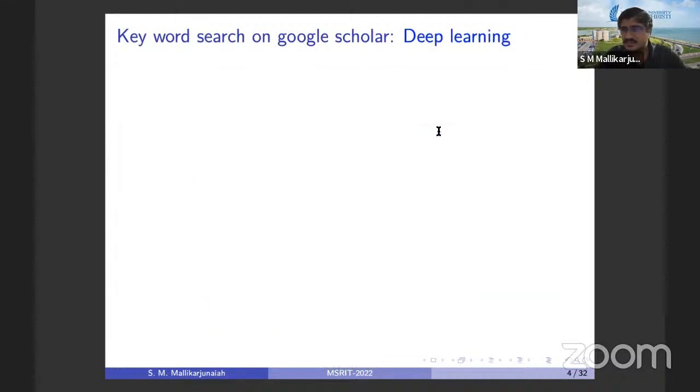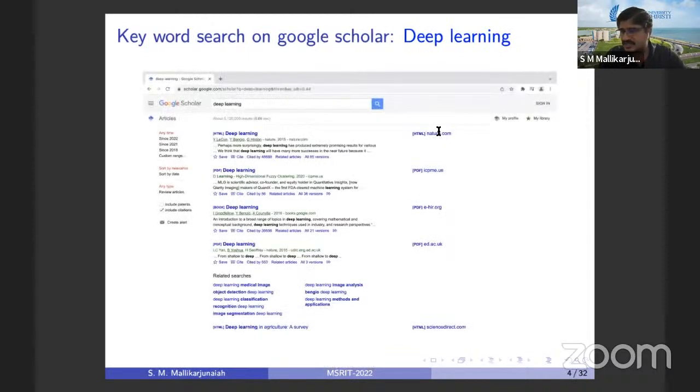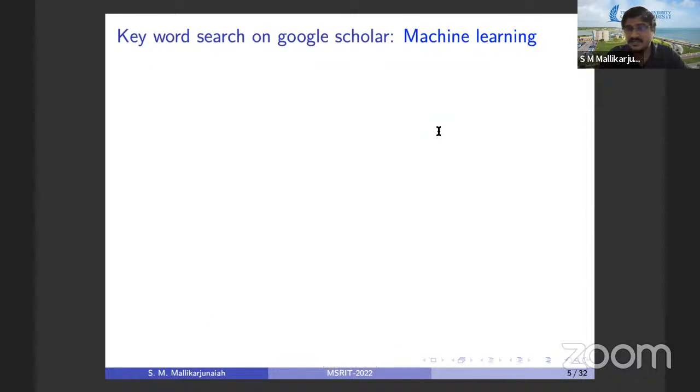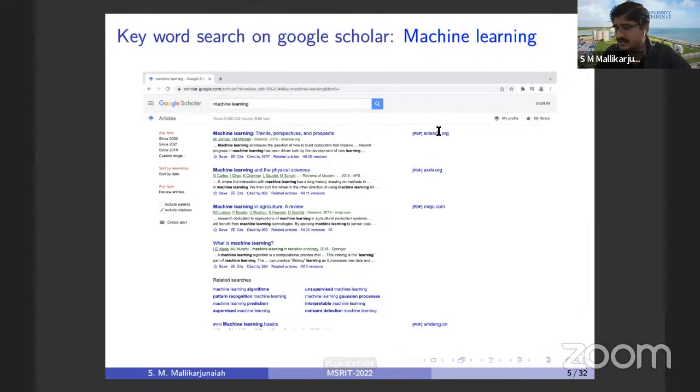The next buzzword is deep learning. If you do the same thing and put this into Google Scholar, it will tell you that around 57 lakh papers have been written with the keyword deep learning. Machine learning is another buzzword, and that counts around 50 lakh papers.